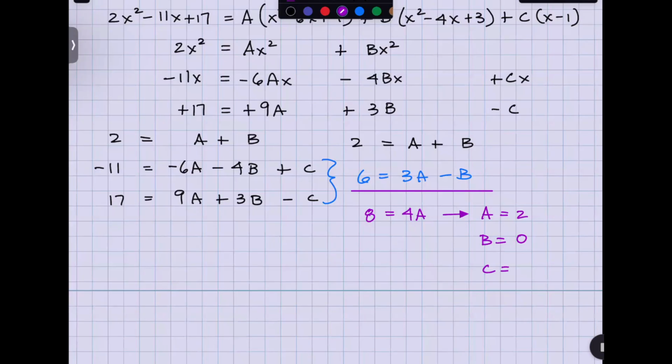What's C equal to? Thank you. Does that make sense?